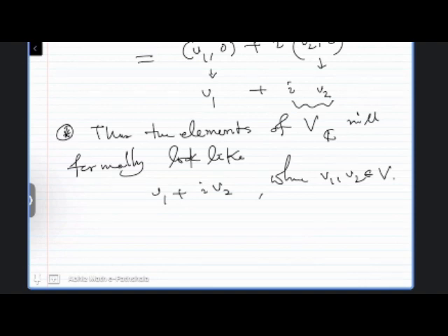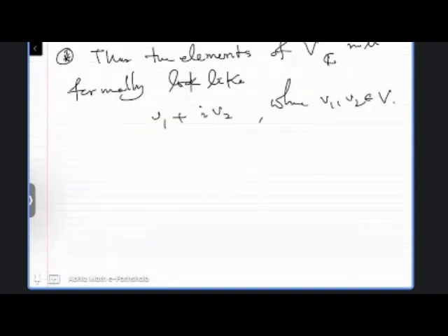So what sort of thing have we done here? We have already seen this whenever we defined the complex number field C out of the real field. Just think of what we have done.